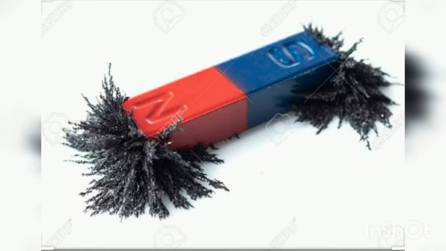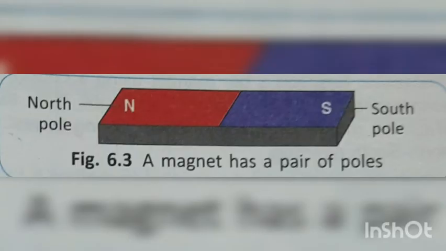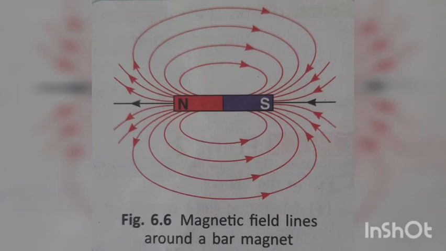The two magnetic poles are North Pole and South Pole. These are two other terms related to the bar magnet: magnetic North Pole and magnetic South Pole. So some important terms of the bar magnet are magnetic poles, magnetic North Pole, magnetic South Pole, and next is magnetic axis.